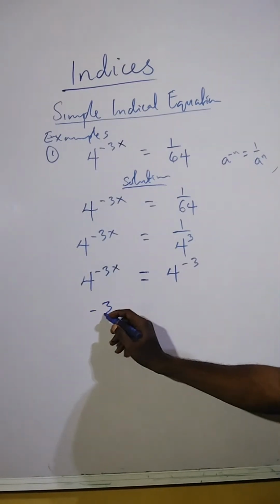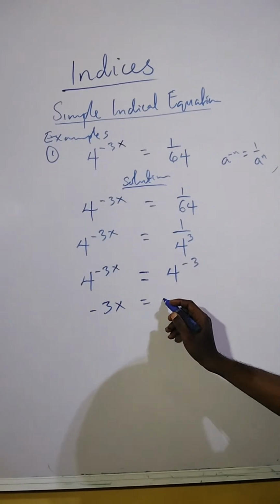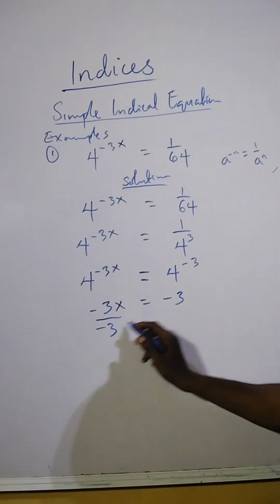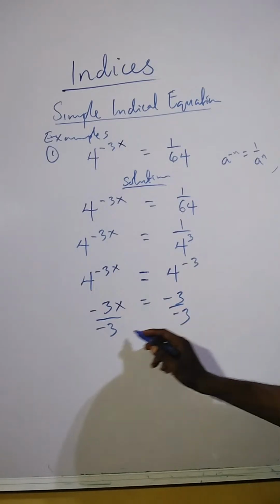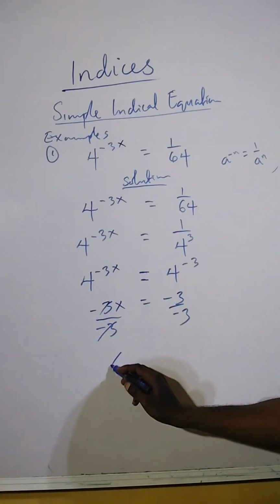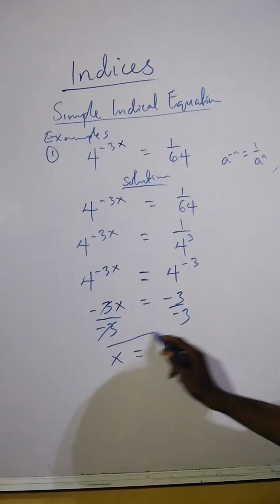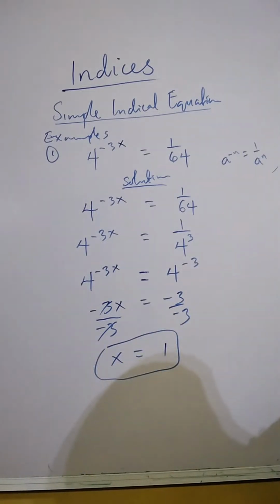Then we have minus 3x equals minus 3. Just divide both sides by minus 3. Then this cancels out. So we have x equals minus 3 over minus 3, that's 1. So the simple answer here is 1. So that is what we have for that.